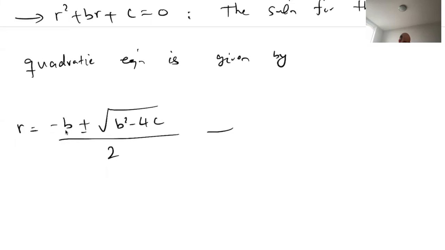And b squared minus 4c is 0 according to my assumption. So then I can write this as minus b over 2.